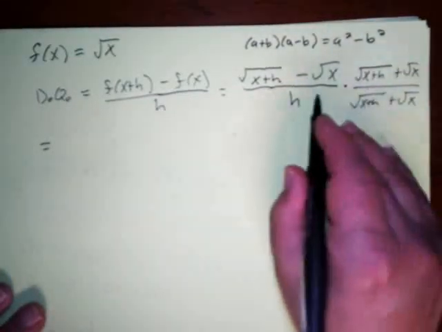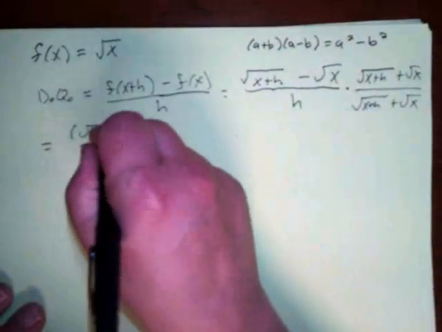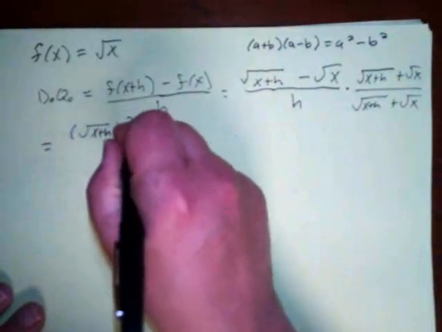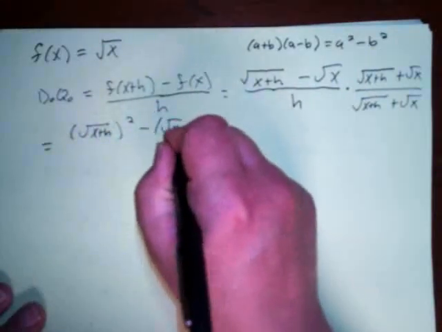So when I multiply these together, the top will be the quantity square root of x plus h, squared, minus the quantity square root of x, squared. The bottom will be h times the quantity square root of x plus h plus the square root of x.